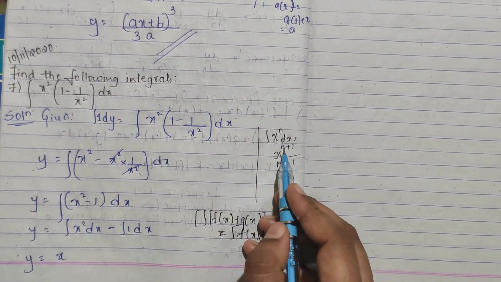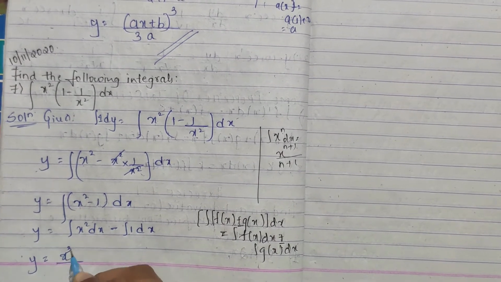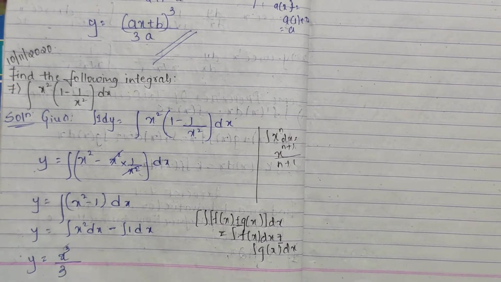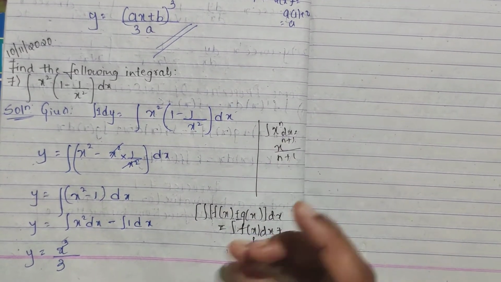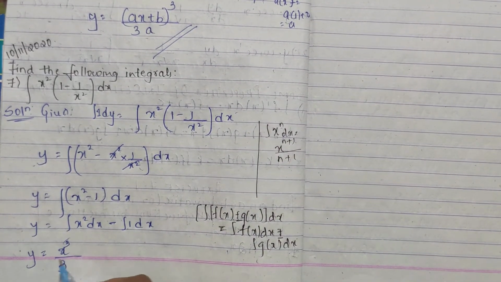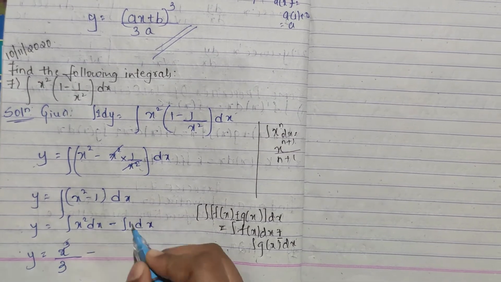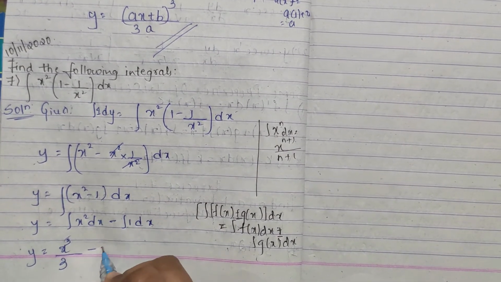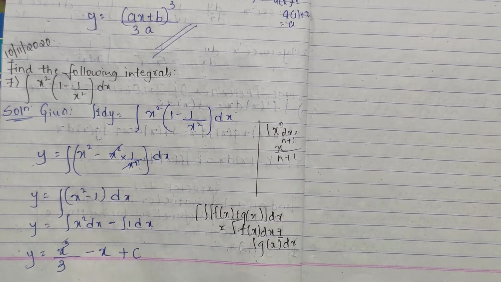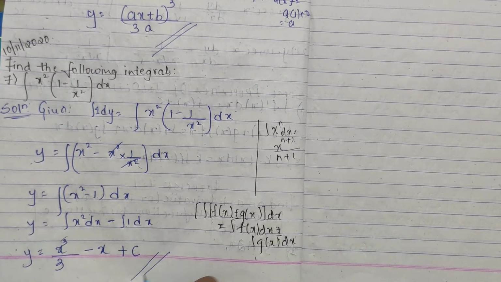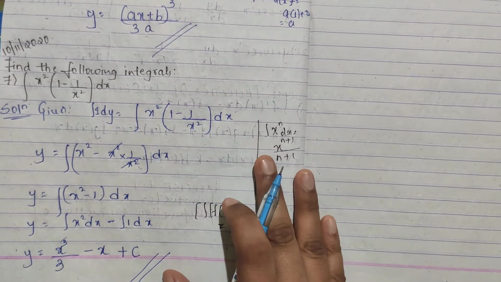X raised to 2 plus 1 becomes 3. Whatever your power will be, that only will be your denominator, right? So directly x raised to 3 by 3 you can do, minus integration of 1 with respect to x will be your x. Don't forget to write your plus c, which is your integration constant. So this is your final answer.